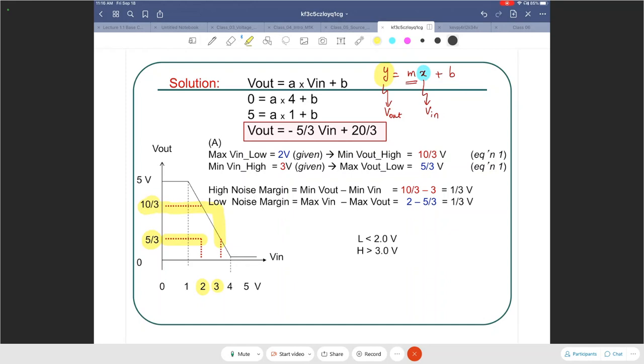Once I do that, I know the 4 points that I need to do the subtraction. In the same way as we did before, high noise margin will be 10 divided by 3 minus 3. You will get 1/3 here. For low noise margin, you will do 2 minus 5/3. Same equations. And you get 1/3 again. That is when your thresholds are this for the input.